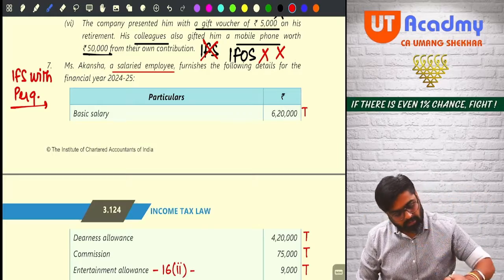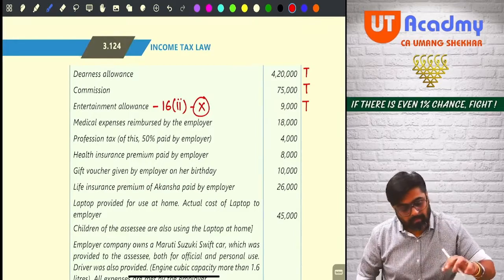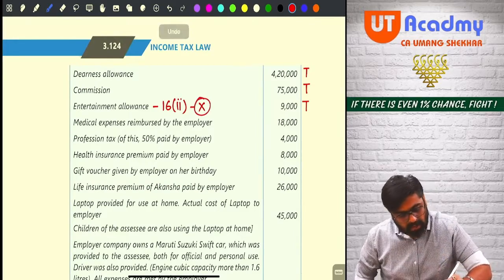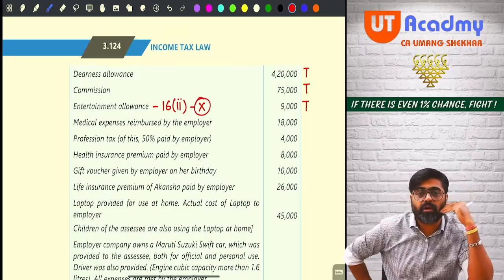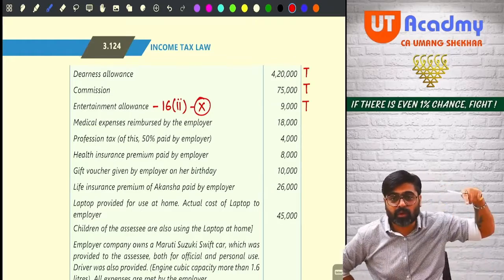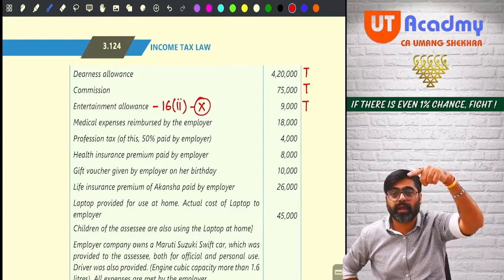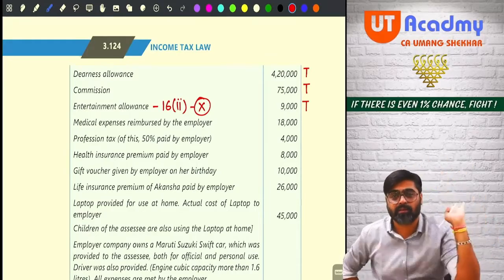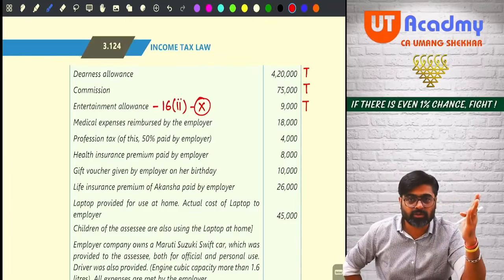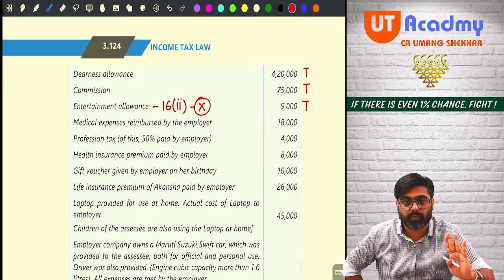So for private employees, the 16 clause 2 deduction is not available. But if we assume that she was a government employee, then also she is not going to get it. Why? Because she is following 115BAC. Under 115BAC, she is not going to get any deduction other than standard deduction. So 16 clause 2, even if she was a government employee, was not available to her.